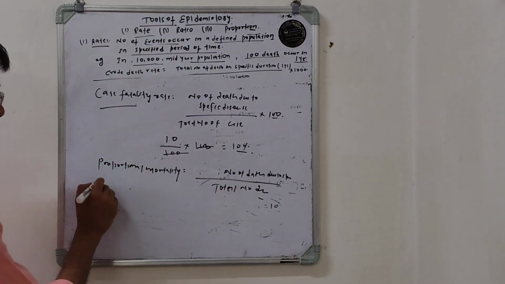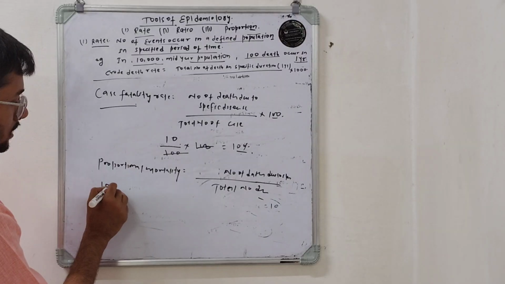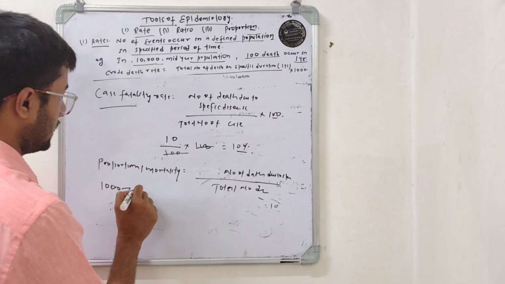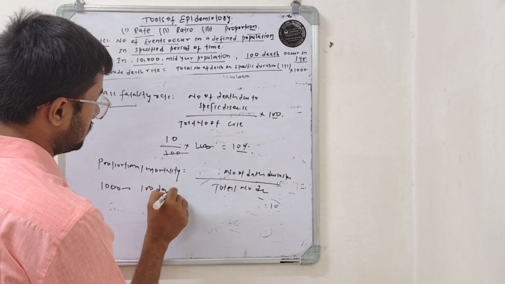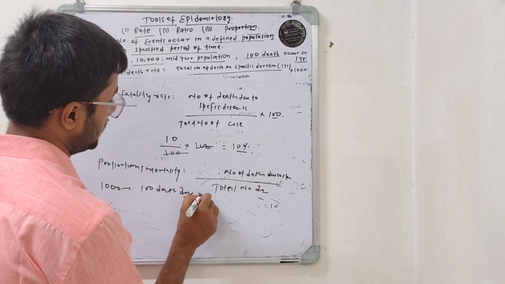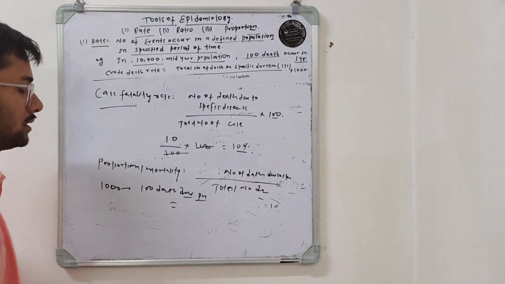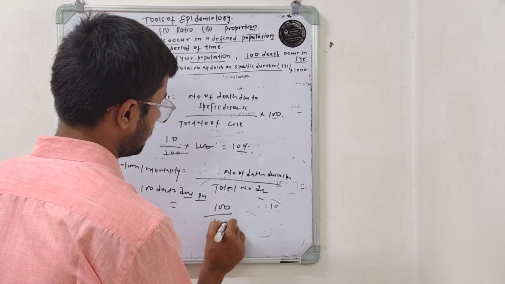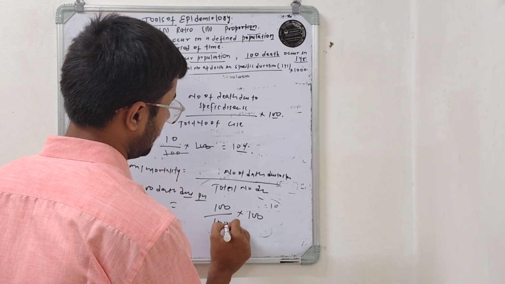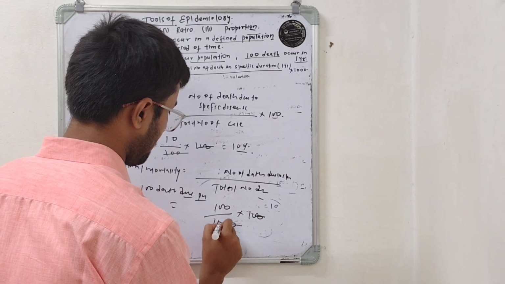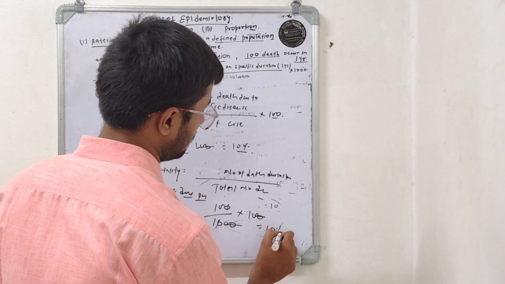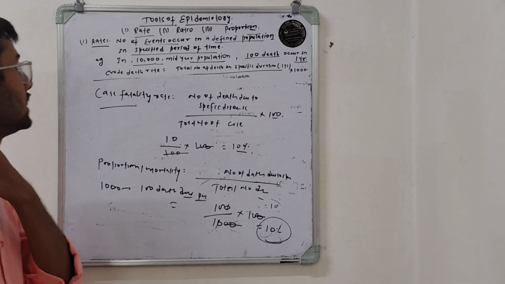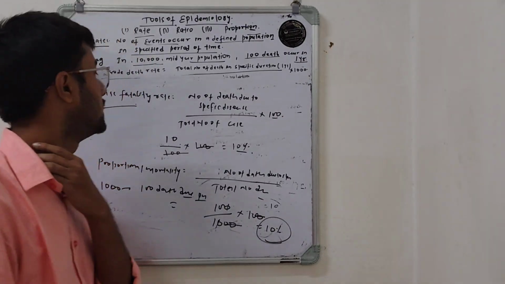For example, let's suppose in a population there are 1000 deaths. Out of 1000 deaths, 100 deaths are due to pneumonia. Pneumonia is a specific condition, so the number of deaths due to pneumonia is 100. The total number of deaths is 1000, multiplied by 100. This comes out to 10%. So these are the different rates which come under the tools of epidemiology.